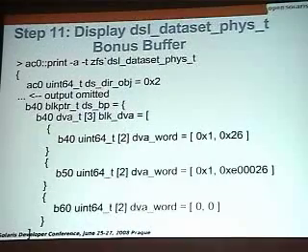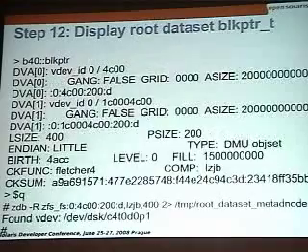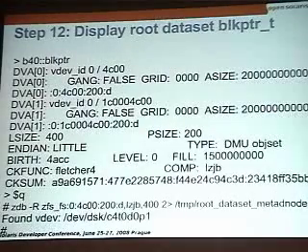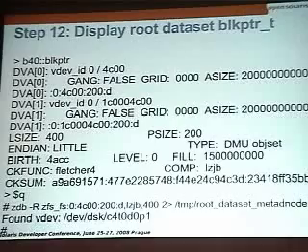Okay, so we've got a block pointer in the 5th dnode, actually the 6th dnode in the MetaObject Set array. And again, I use blkptr, the D command, to dump out the block pointer.